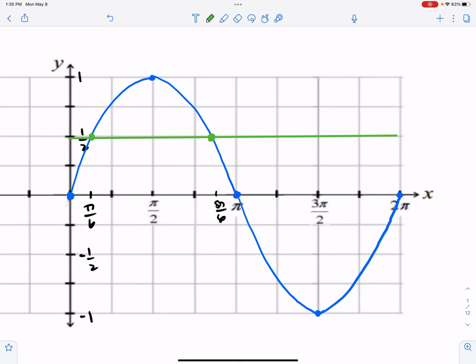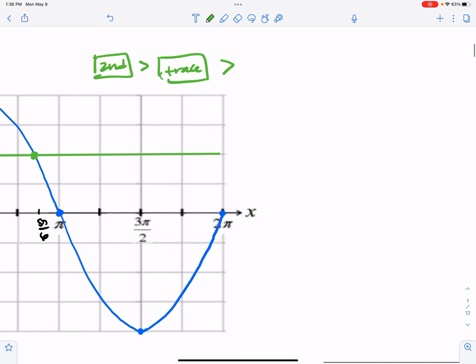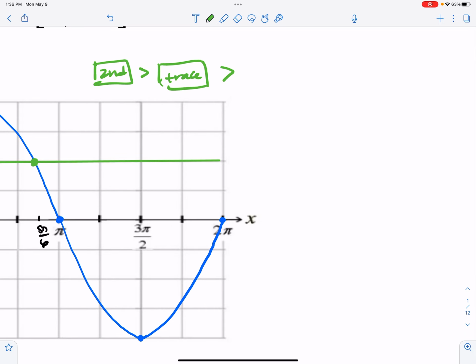And then you hit the second button, and then you hit the trace button. And then I believe it's number 5 is intersect.